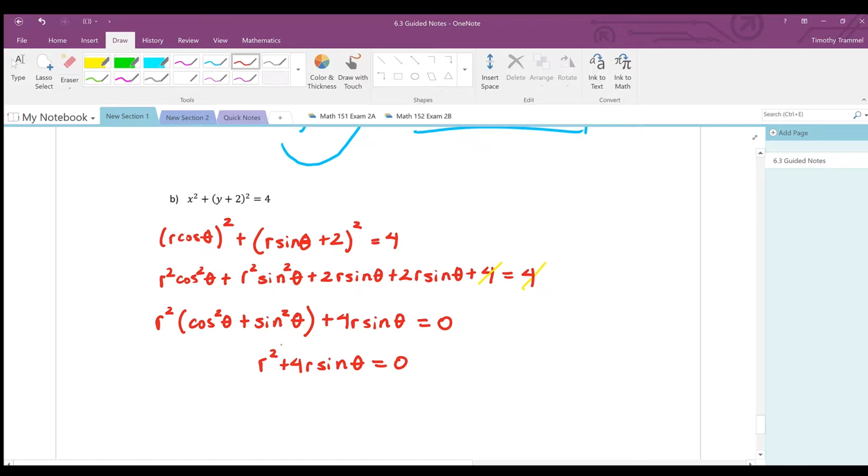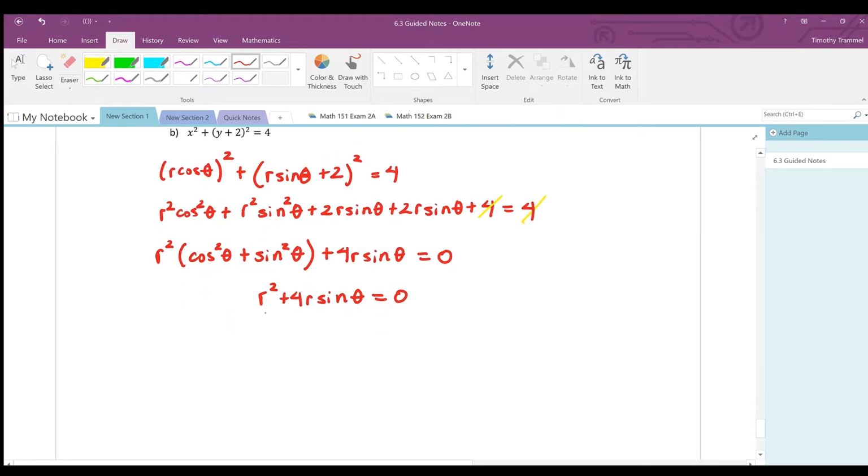All right, and we can actually solve this thing for r if we want, or we could leave it like this. I think we can take this a little bit further in an easy way. There are actually two ways to do it. We could complete the square here to solve for r, or we could factor an r out.